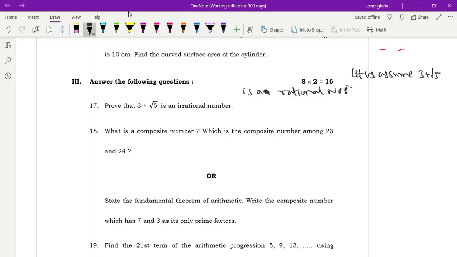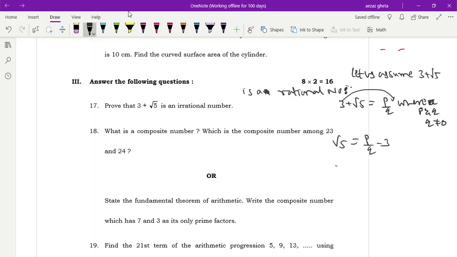If any number is rational, then it can be represented in the form p by q, where p and q are co-primes and q is not equal to 0. Take the 3 to the other side, you will get root 5 is equal to p by q minus 3.